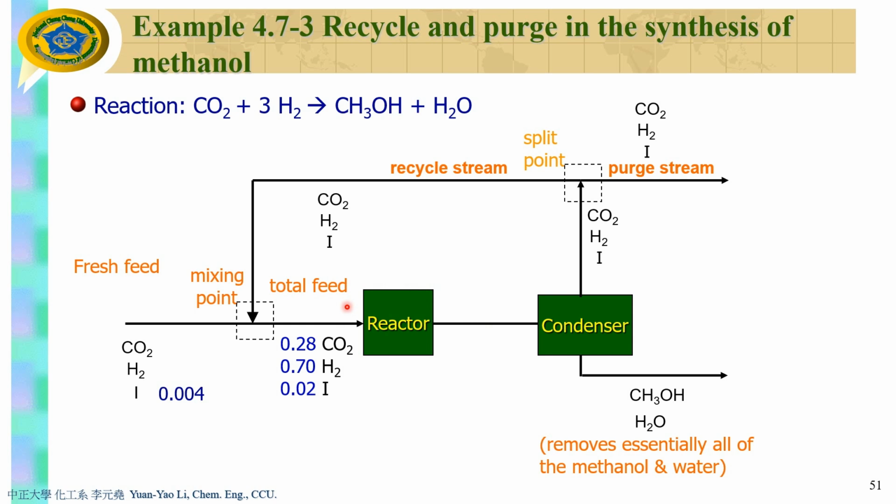If you take a look at the slide here, that will be the product. In the end, I want to get 155 kilomoles per hour output for the methanol. Okay? So this is all the information we know.